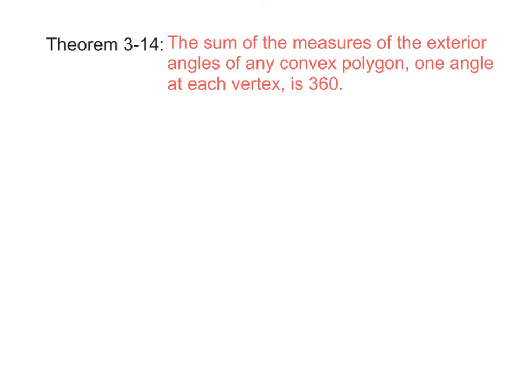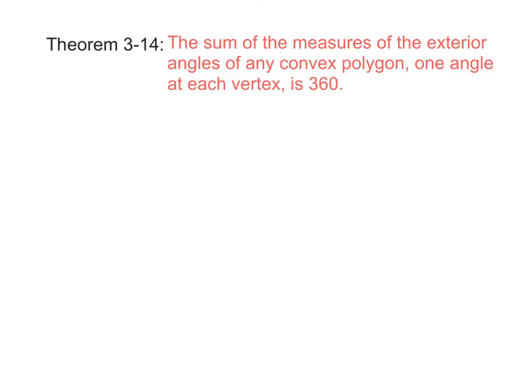So it doesn't matter how many sides your polygon has, the sum of the exterior angles is always going to be 360. You might recall when we were talking about triangles, we showed how with a triangle the sum of the exterior angles is 360. Well, this same rule holds for any polygon, no matter how many sides you've got.